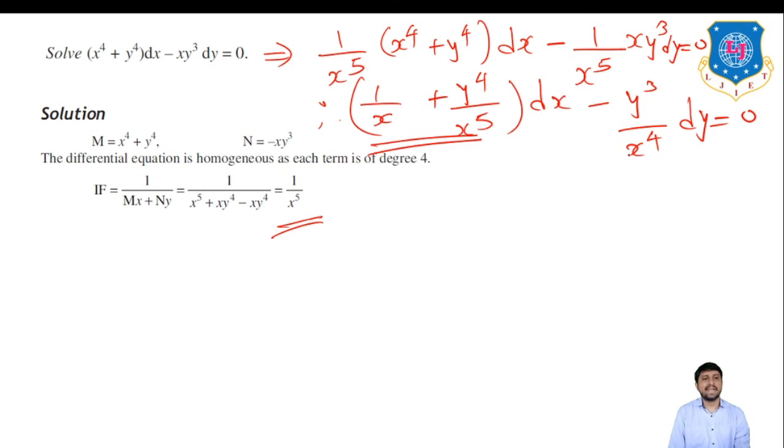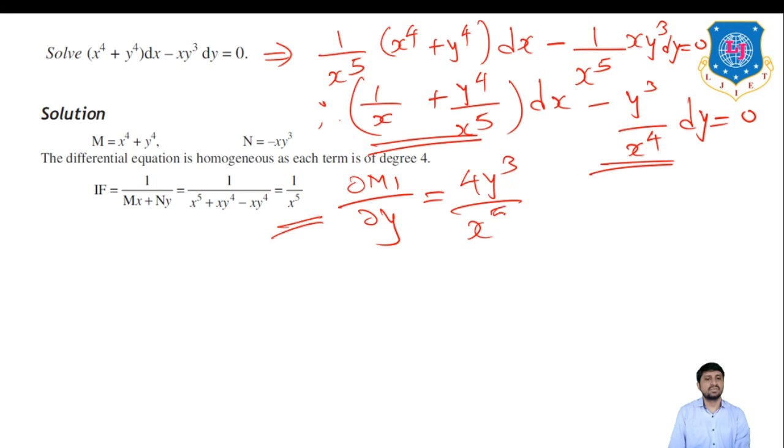So this is your M1 and this is your N1. Now you can check ∂M1/∂y and ∂N1/∂x. The differentiation of 1 upon x is 0, the differentiation of y raised to 4 is 4y cube upon x raised to 5, and ∂N1/∂x is minus 3 times minus 4 x raised to minus 5 into y cube.